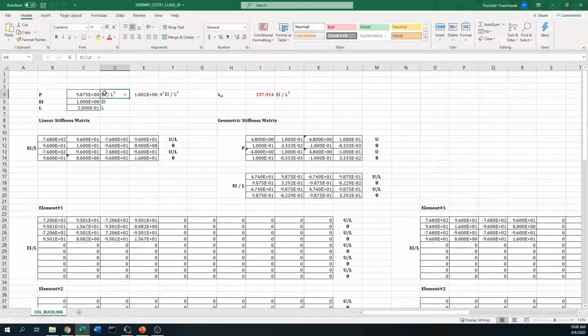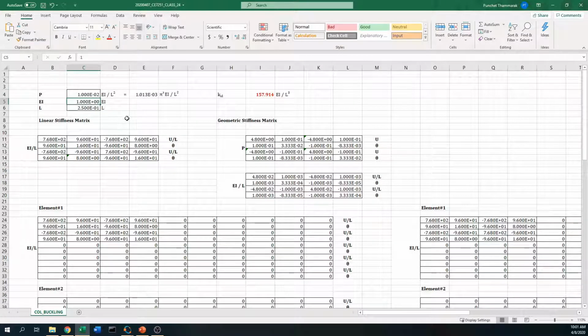The pi square is the constant coefficient. So if I take the pi square out, I have the EI and L square. The dimension is going to be consistent with the EI and consistent with the L. So I give it a number of times of the EI over L square, which could be just 0.01 if you wish, to make it small.